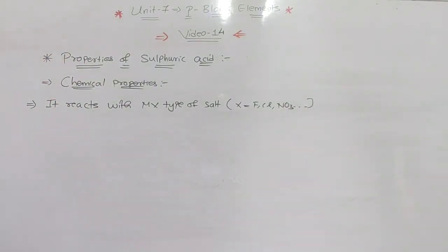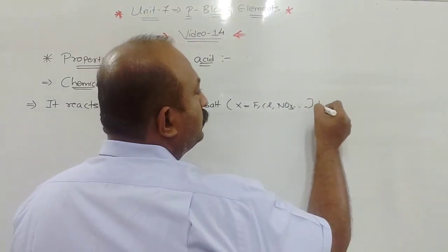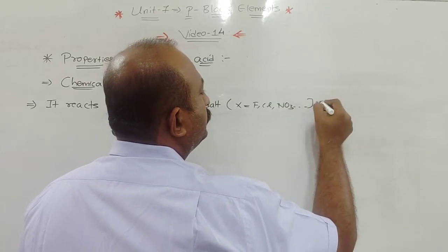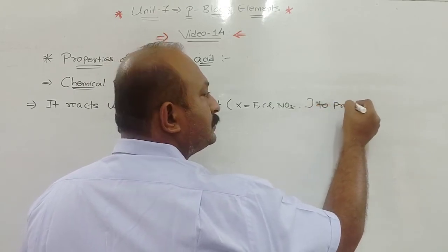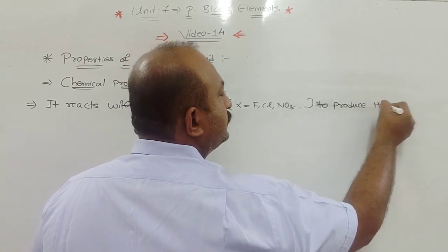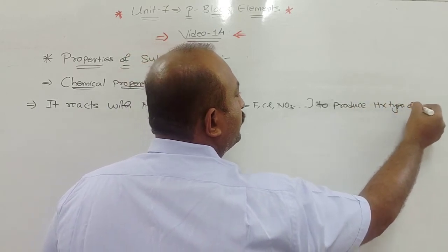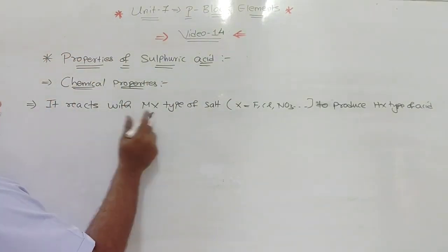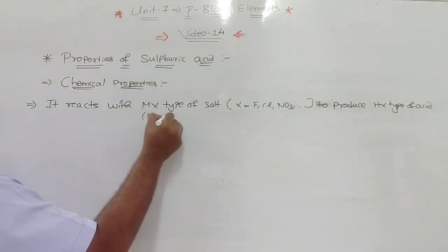So when it reacts with the MX type of salt, it produces HX type of acid. Clear? Here MX means M is equal to metal.